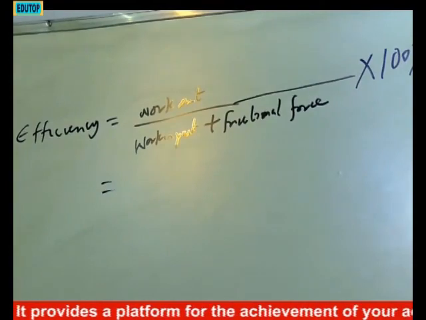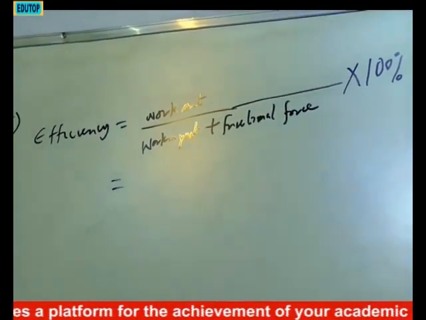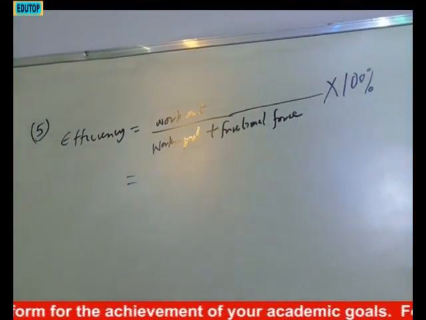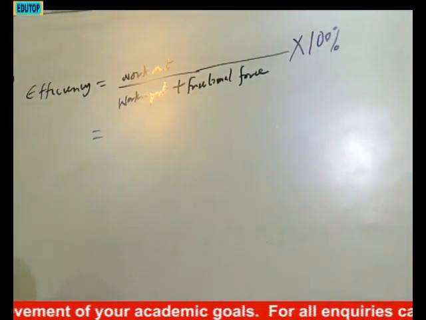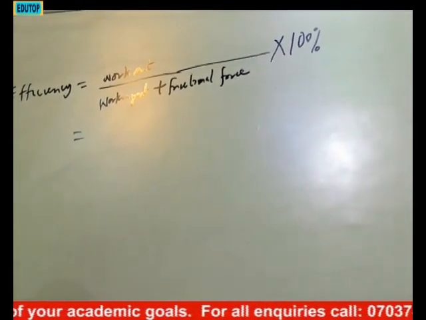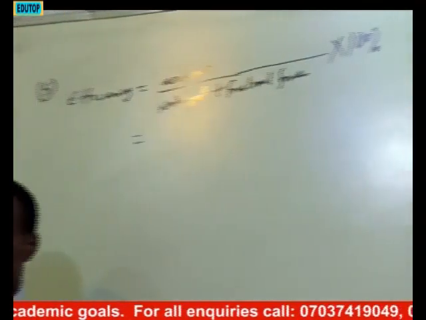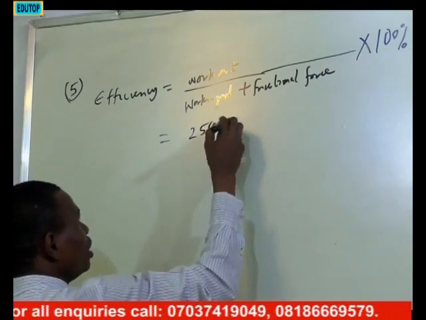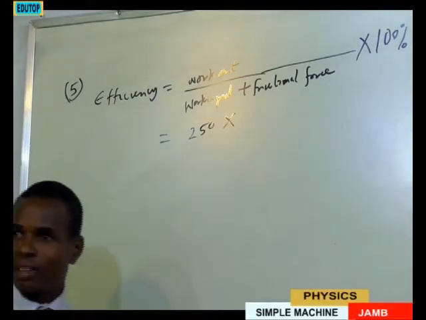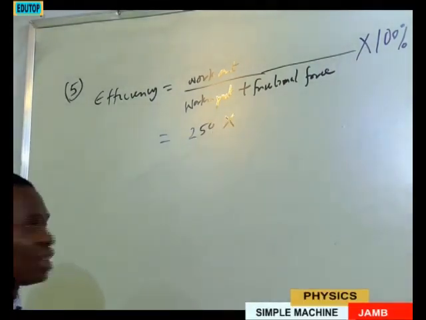The work output, as I have told you, is the work performed by the machine itself, which is the load and the distance or height covered. We are given the load to be 250 Newton, and the distance is 30 meters.